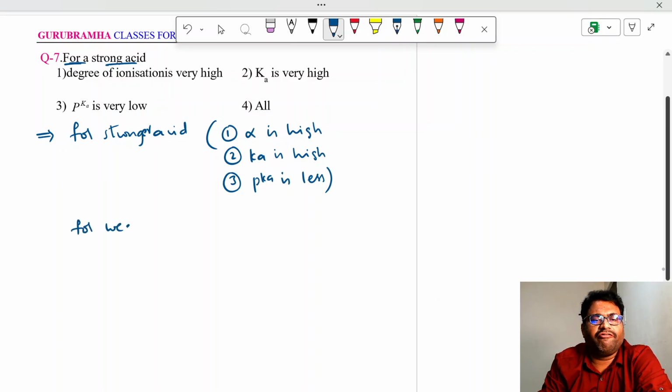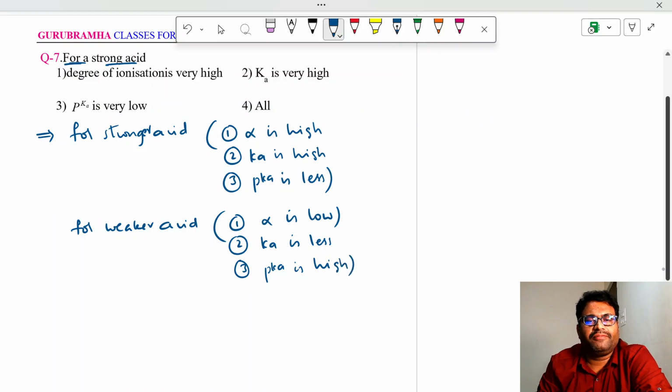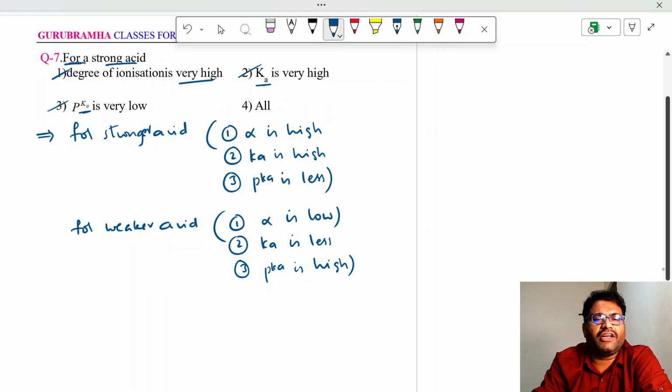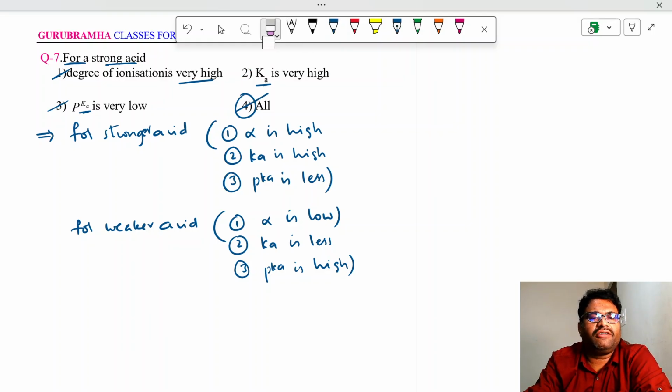For a weaker acid, first, alpha is low, less. Second, Ka is less. Third, pKa is high. So now, for a strong acid, degree of dissociation is very high. It's correct. Ka is very high. Yes, correct. pKa is very low. Correct. So the answer will be the fourth option.